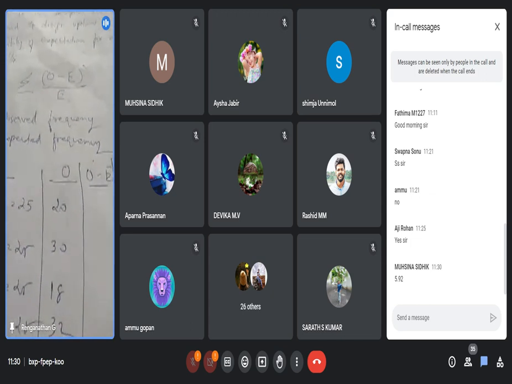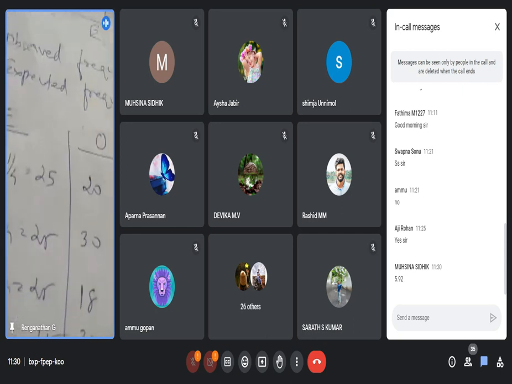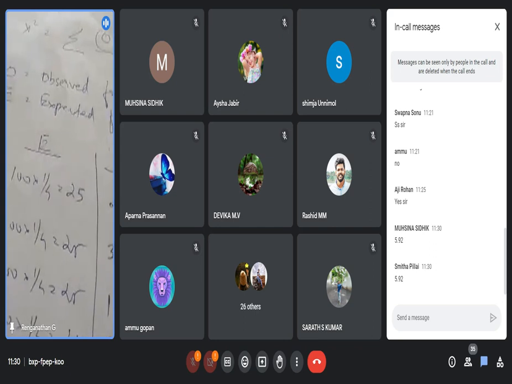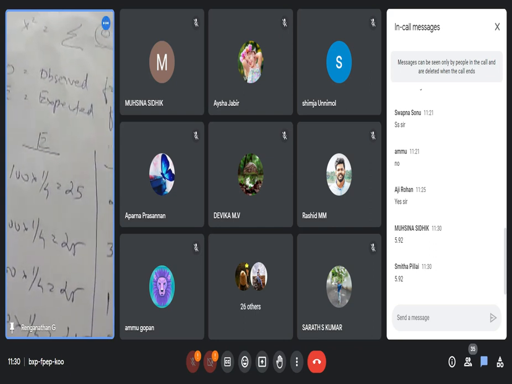Mohsina says it is 5.92. 5.92 is the answer. Smita also says the same answer, 5.92.